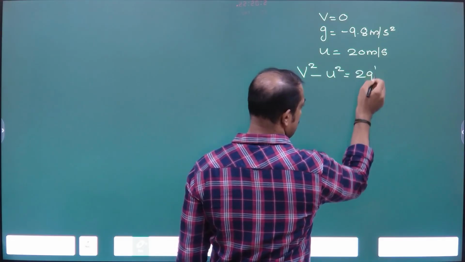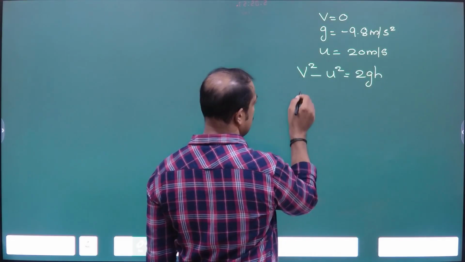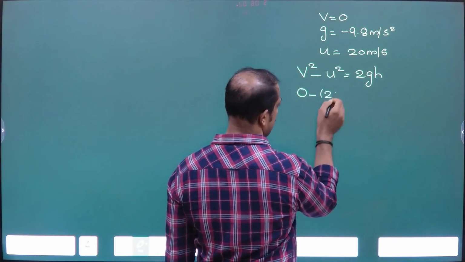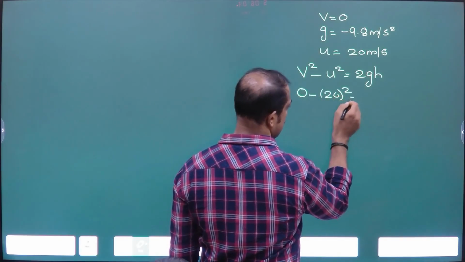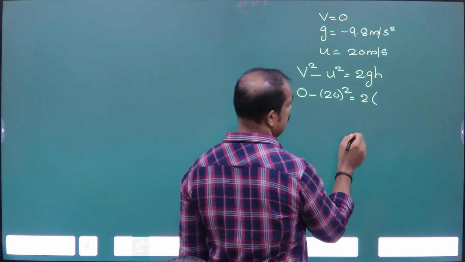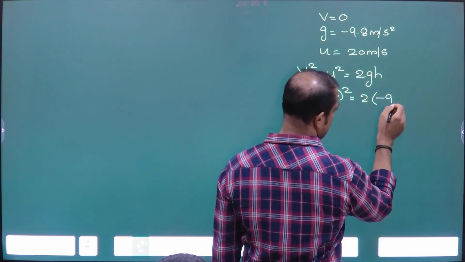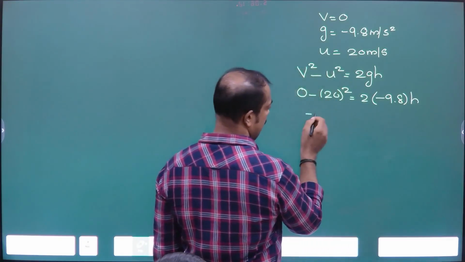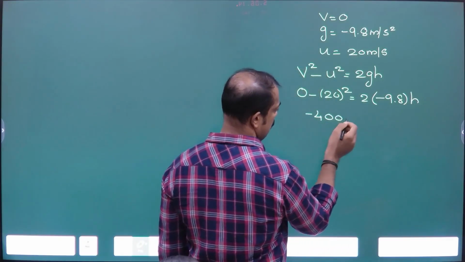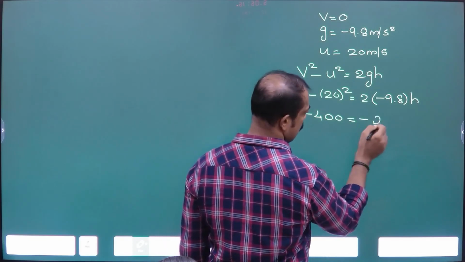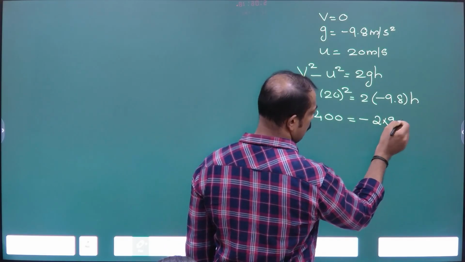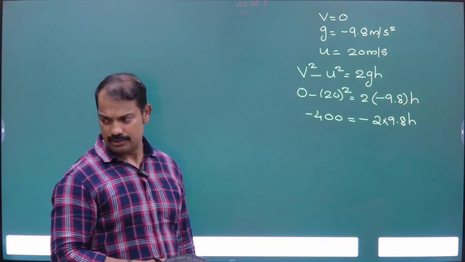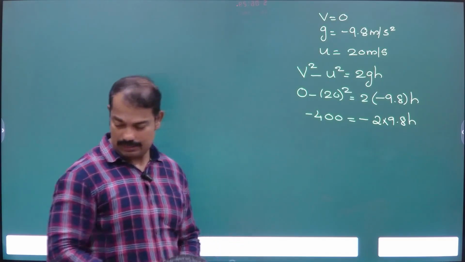2g. What is v? 0. U मत करना, देखो एक बार. 2 G minus into H. आएगा minus 400 is equal to minus 2 into 9.8 into H. Clear है?